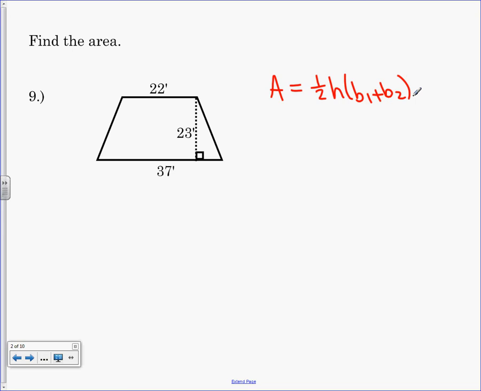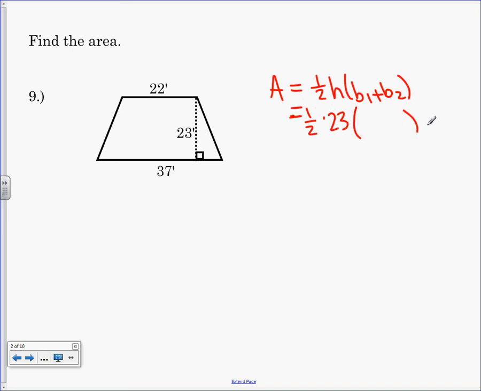Something I didn't talk about, since I wasn't here yesterday, let's make sure you understand it. The height always has to be perpendicular. It's not necessarily straight up and down vertical because it depends on how you turn the shape, right? But it has to be a right angle. If it's not clear that it's a right angle, then that's probably not the height. So here, area is 1/2. What is our height on this picture? The 23, right?